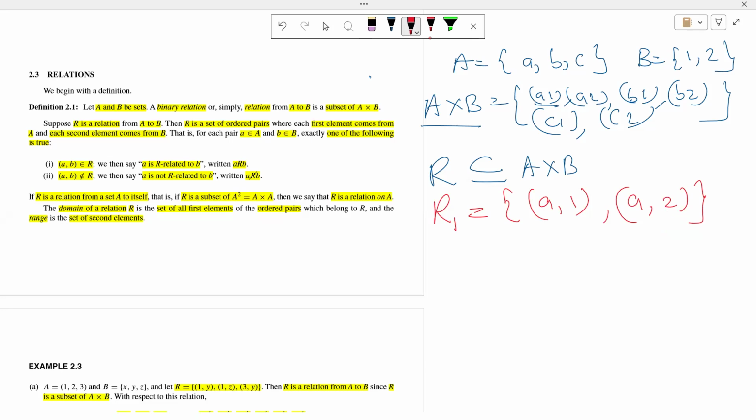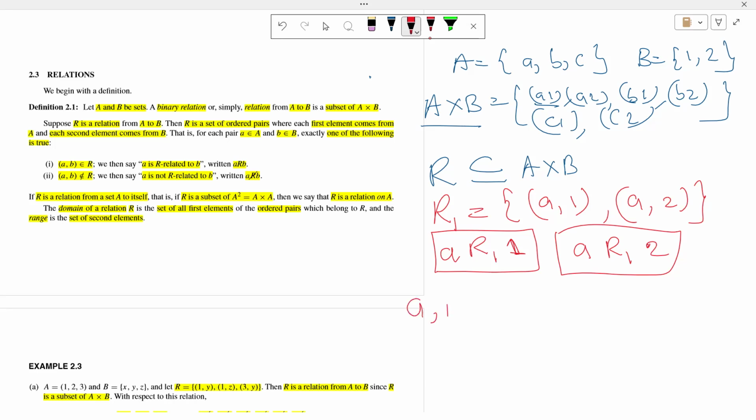Now I can write this relation R1 this way: A R1 1, and also A R1 2. What does it say? A comma 1 is an element of relation R1. So I can read this as A related to 1 by relation R1.